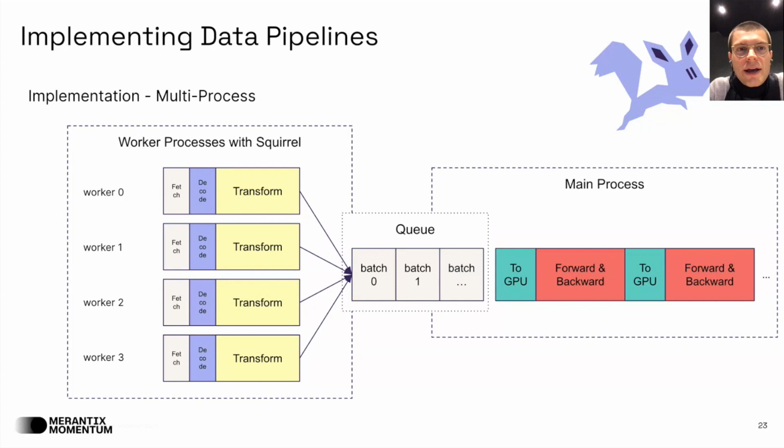So now let's look back at our multi-processing pipeline with Squirrel. And I wanted to share one last feature of Squirrel that is particularly interesting, I think. There's one thing in here that still looks a little bit long, which is this transform part here, the yellow one, which is concerning data augmentations, for example, that you do on your data, the random rotations, random crops, etc. And how can we speed them up?